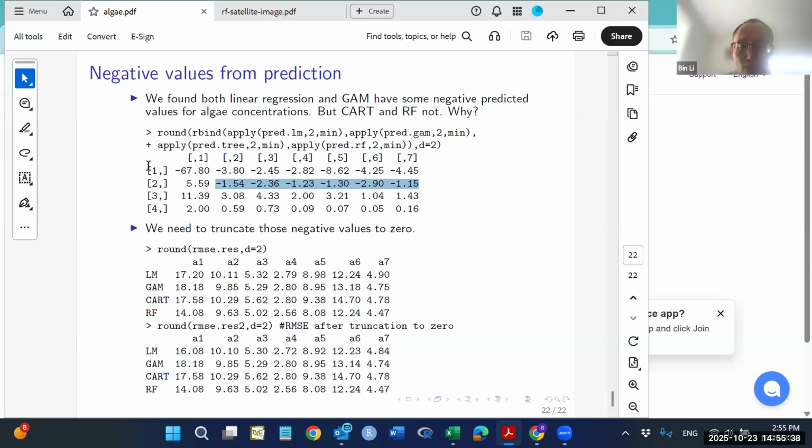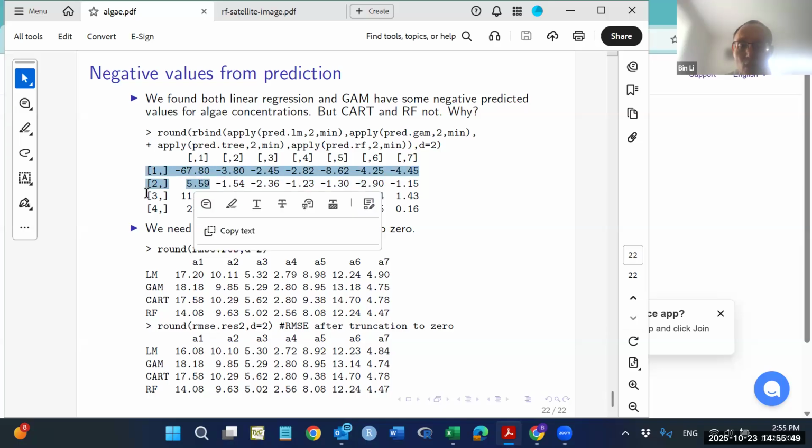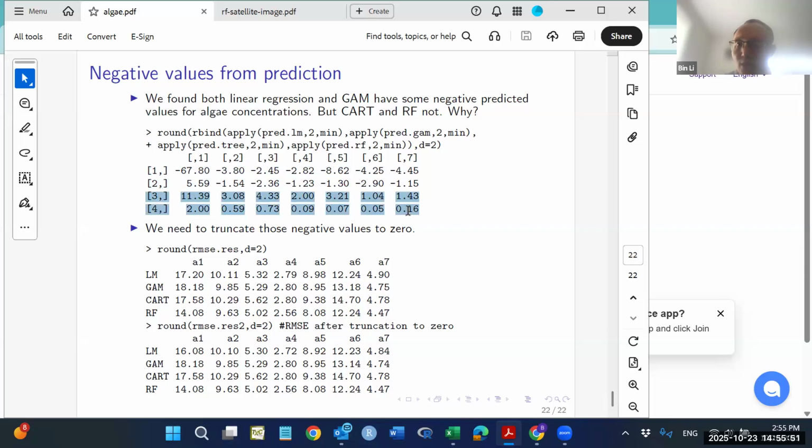And the 4 rows, the first row is the linear models, GAMs, CART, and random forest. So why do these two have negative values? Why not random forest and CART? Because the tree and the random forest are tree based. These numbers are based on the average of the response.